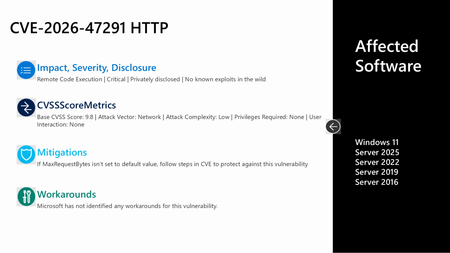The default value of that registry key, max request bytes, is not impacted by the vulnerability. It's only systems where that registry key has been altered from default. There are no documented workarounds. As far as the affected software, it's all versions of Windows in mainstream support, whether that's Server 2016 up through the latest 2025 or Windows 11 on desktop.